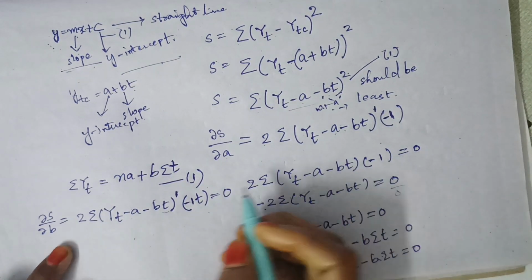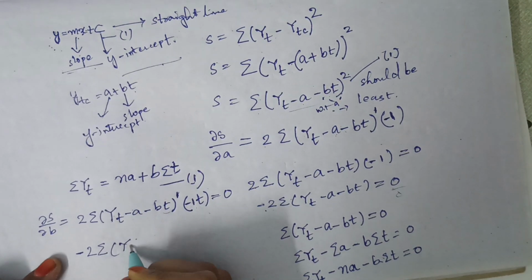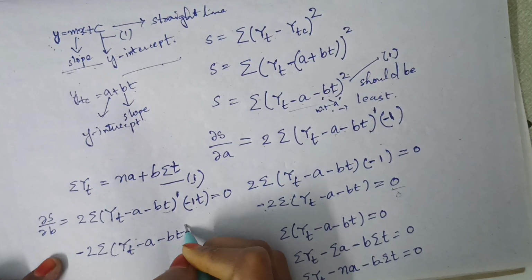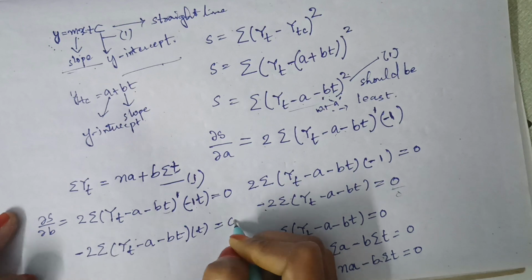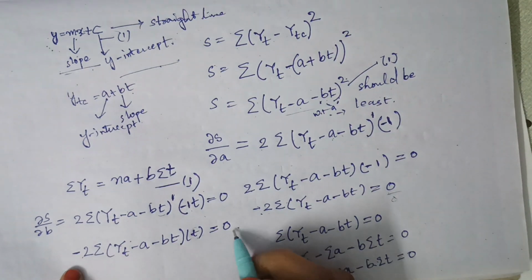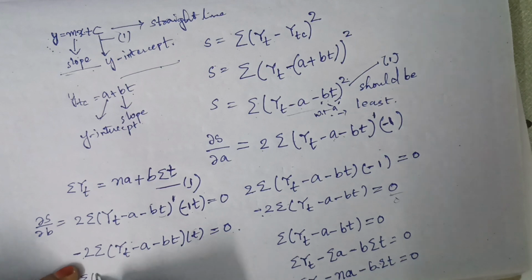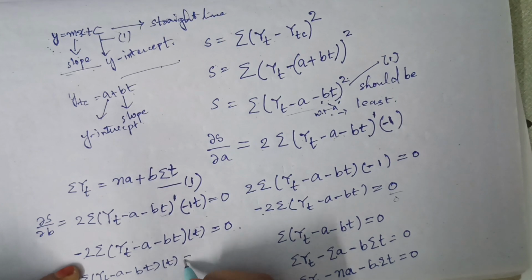So minus 2 summation (yt minus a minus bt) into t is equal to 0. When we send this minus 2 across, it becomes 0. So we get summation (yt minus a minus bt) into t is equal to 0.